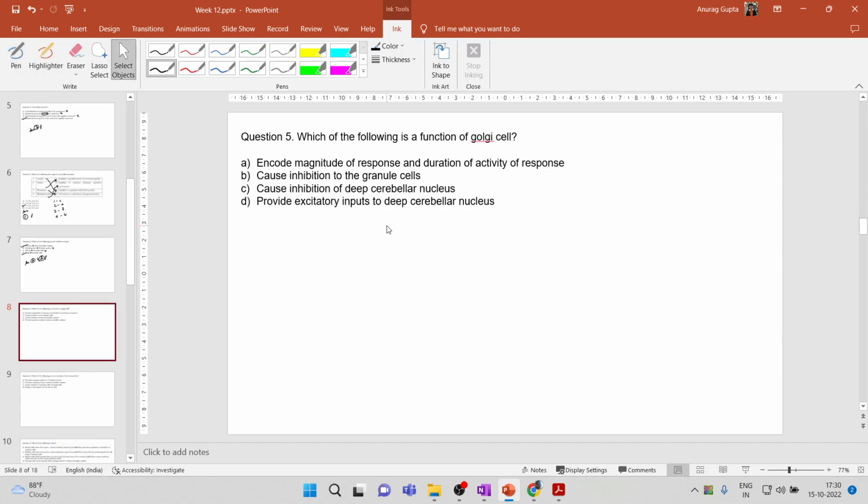Which of the following is a function of Golgi cell? So again, you can take 30 seconds to answer this question.